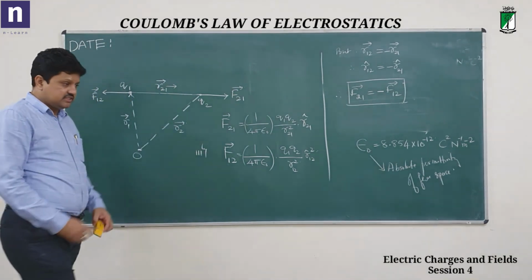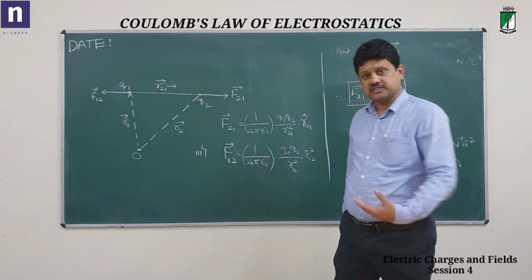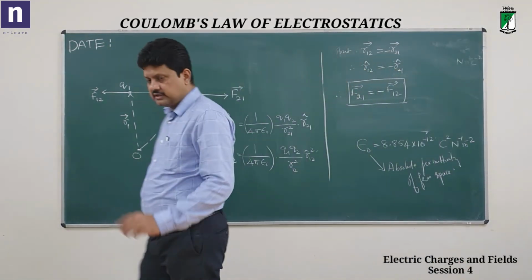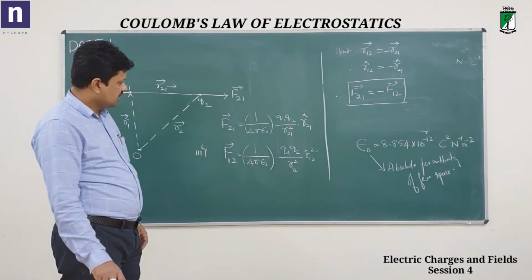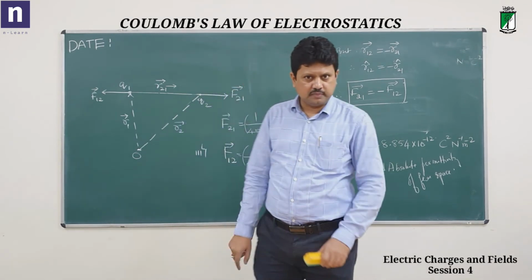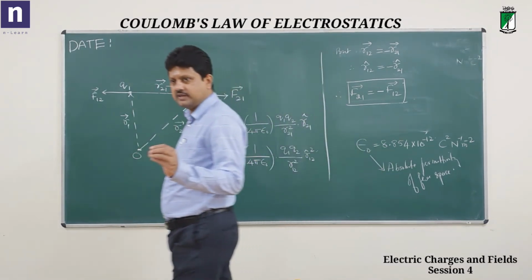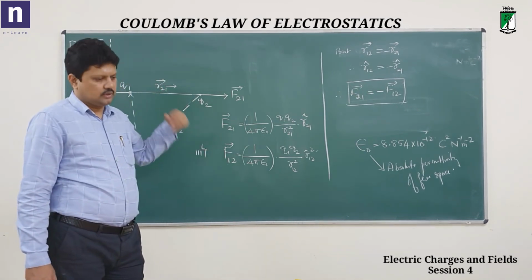Now this is for only two charges we have seen. What about multiple charges? We will see that later. First, let us understand what this Coulomb is. In the previous class we said charge is measured in terms of Coulomb, but we did not try to understand how much is 1 Coulomb. That we are going to define now.